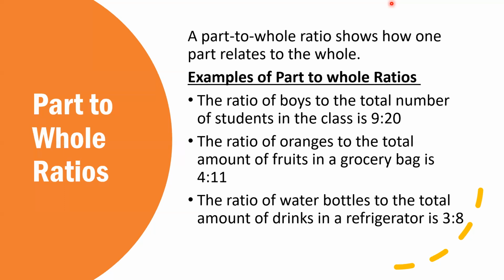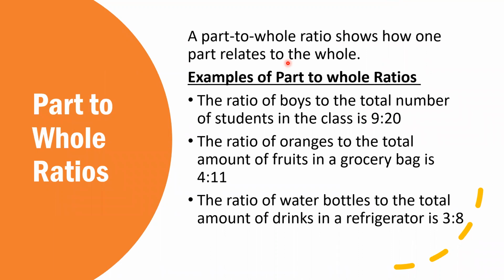Can someone tell me the 3 ways that we can represent a ratio? Anyone can answer? Using the word form. Word form, what else? What's another? Fraction form. Fraction form, very good. And using a colon, very good. Colon. Yes. So those are the 3 ways.